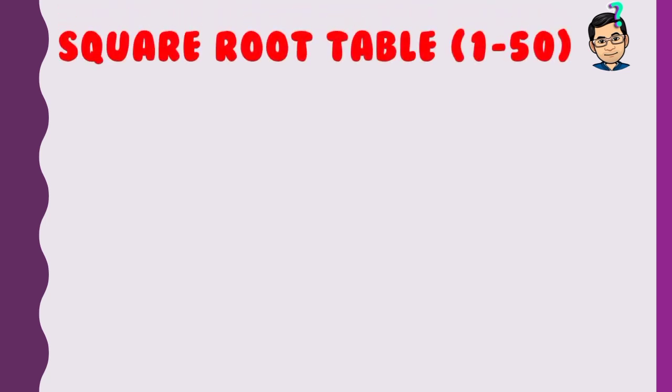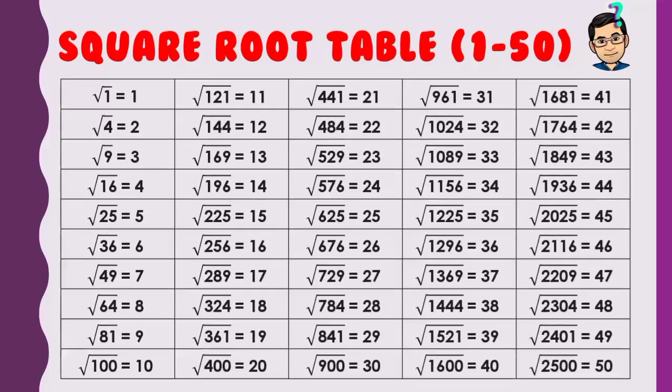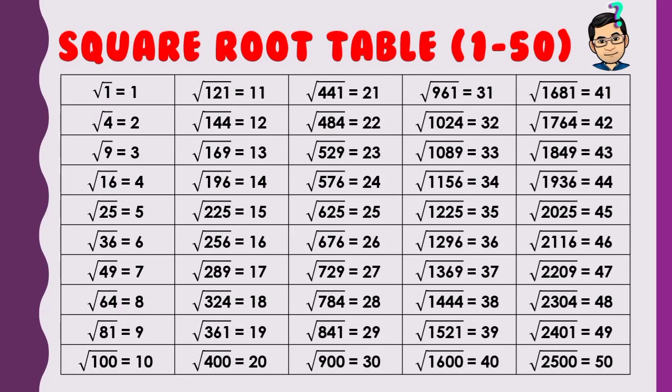Para hindi kayo malito kung ano ba yung mga square root sa perfect square na sinasabi ko, let's have a square root table. So, ito yung mga perfect squares, 1 to 50 lang ang naka-flash dyan sa screen. So, para mas mapadali yung pagsagot nyo or pag-extract nyo ng square root ng mga terms. Like for example, what if tinanong ka, what is the square root of 729?